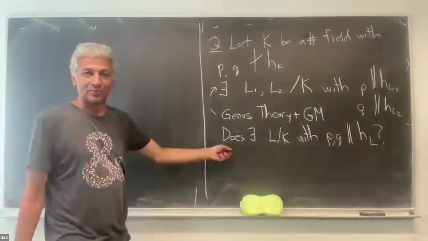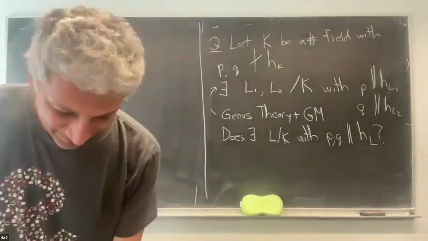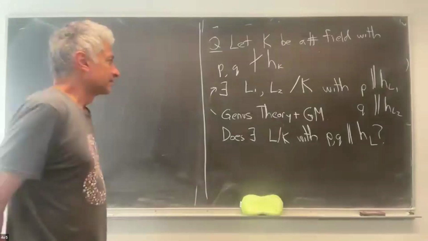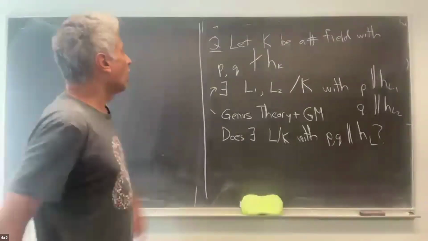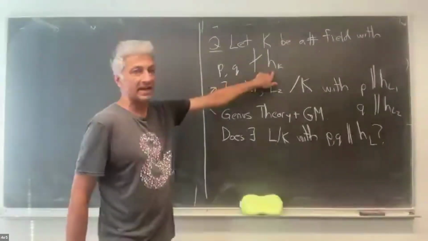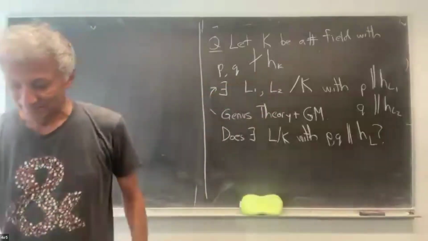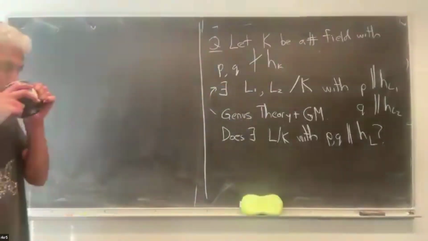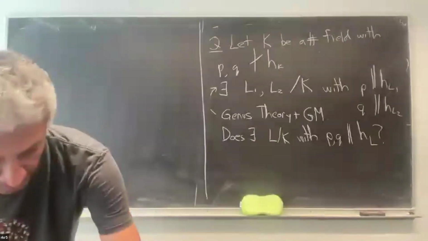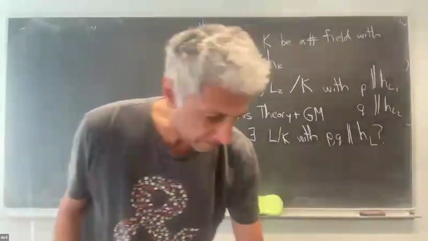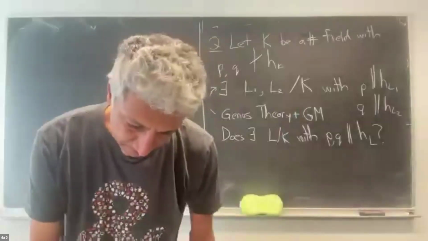This, no clue. But what if the class number of K is highly divisible by p or q? Oh, well, I'm assuming that p and q do not divide. Oh, yeah. Okay. Sorry. Yeah, no worries. Okay. All right, we got that.